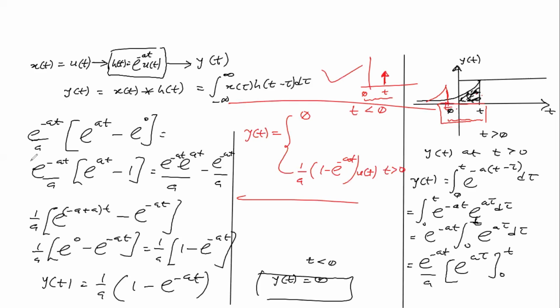I would like to ask on how u of tau was eliminated. The 0 to t is quite clear, but how was u of tau eliminated from the whole integral process? Okay. Now this is the u.